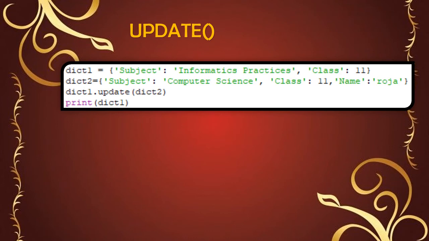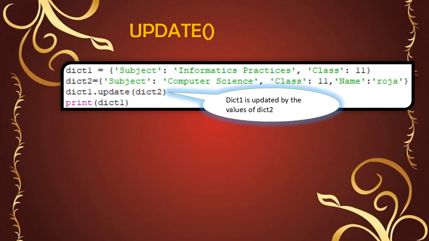Now the update function. See here, dictionary 1 has subject informatics practices and class 11, and dictionary 2 has subject computer science, class 11 and name Roja.